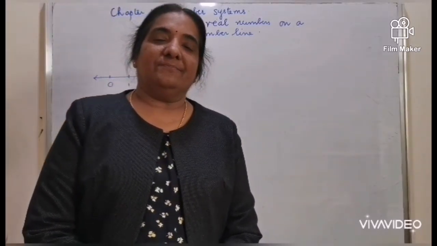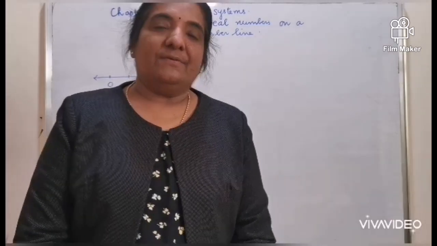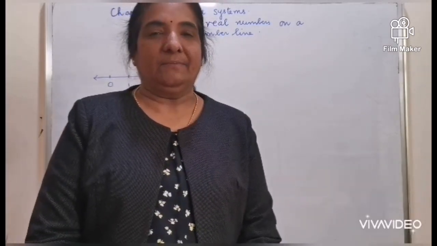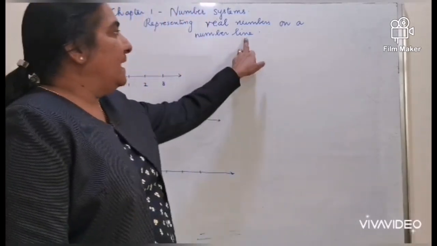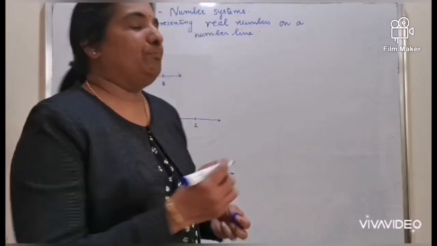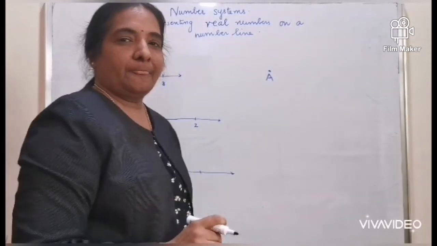Good morning, children. The first topic in today's class is representation of real numbers on a number line. What is a line? Geometry says that a point represents a position.